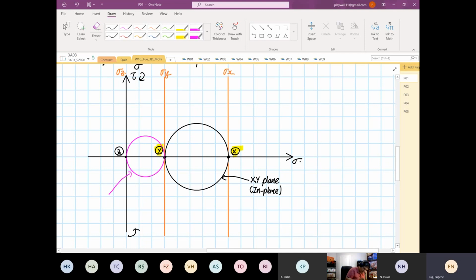Okay. And our YZ plane is out of plane. And finally, our third circle. Okay, so this is our third circle. And now this belongs to our XZ plane, which is our out of plane.